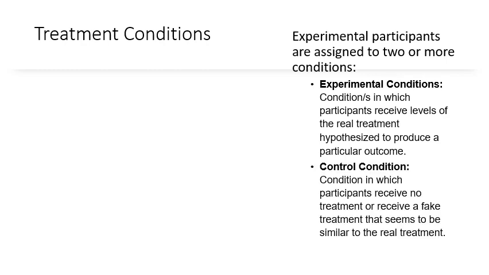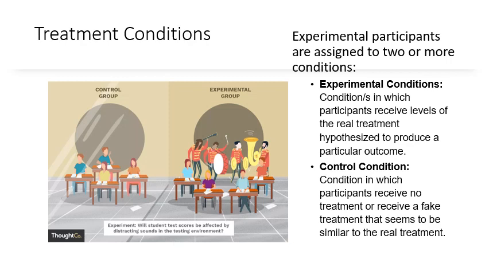So we have treatment conditions in experiments, and typically participants are assigned to two or more conditions: an experimental condition in which they receive the real treatment, or a control condition with a fake treatment or no treatment. In this case, you can see this simple example of a researcher who's interested in the impact of music, or distracting sounds, we should say, on their performance on a test.